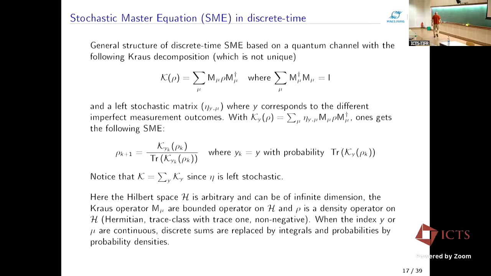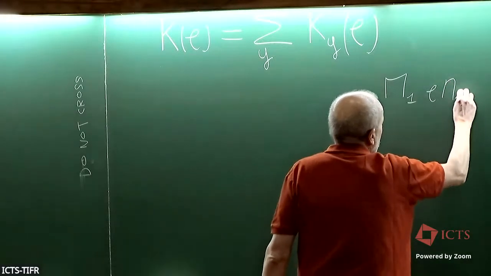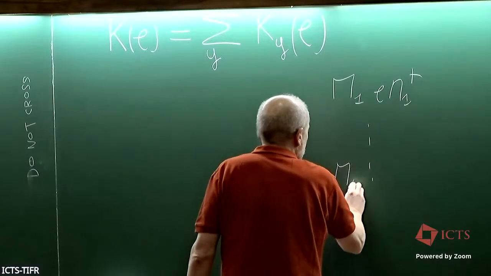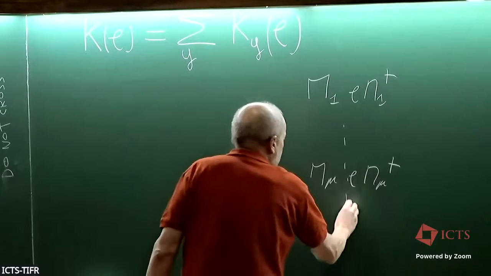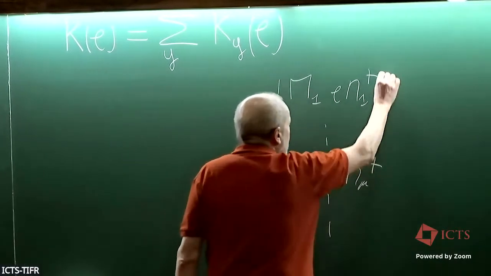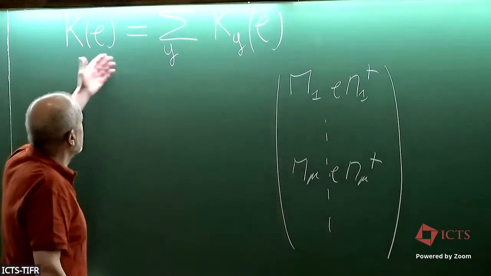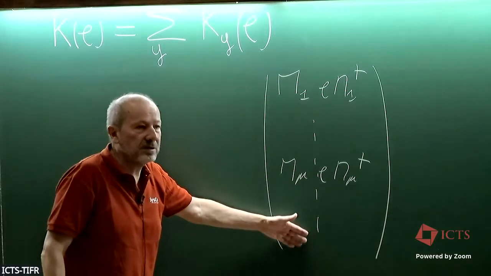So you have M_1 rho M_1 dagger, and here I have M_mu rho M_mu dagger. I put this in a kind of column. So this is, in fact, the way you can describe your quantum channel. Of course, this formulation is not unique.